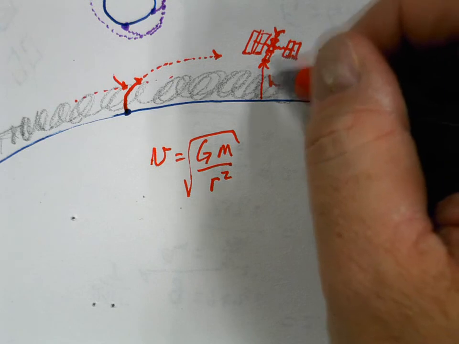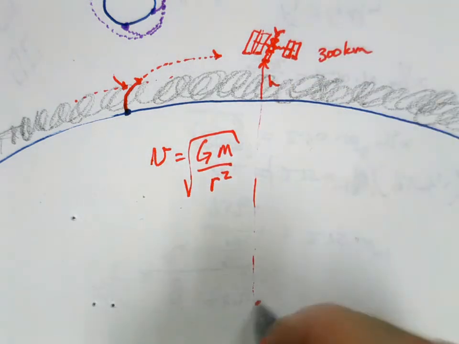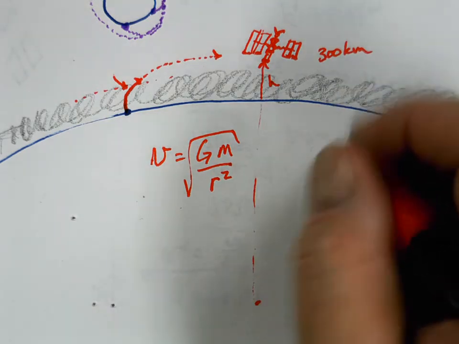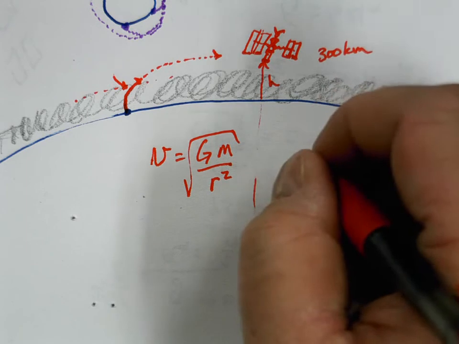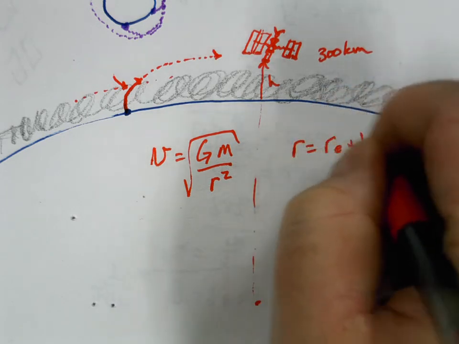It is this height plus the radius all the way down to the center of the Earth. So our r is going to equal the radius of the Earth plus the height above the surface.